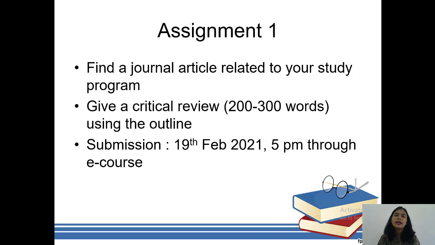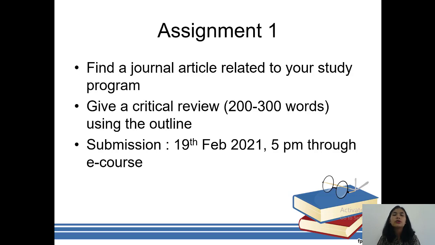The submission for assignment 1 is on 19th February 2021 at 5 p.m. through e-course. The detailed information about assignment 1 can also be found in our campus information system, along with the rubric. So have a look later in our campus information system for the details of the assignment.